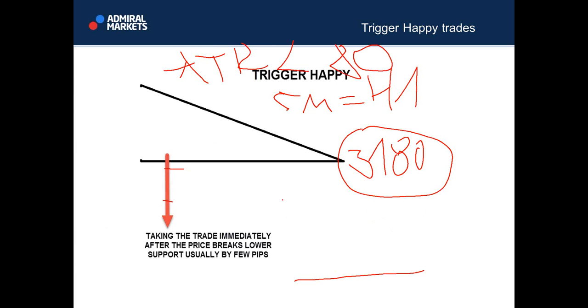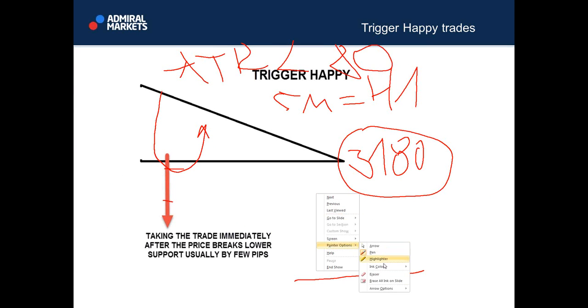Triggerhappy trades are not so reliable. I need to say, from time to time they can be profitable. But if you get into a bad Triggerhappy trade and the price effectively retraces into the triangle, then what? Then the problem is that you don't know what to do. That is the case with Triggerhappy trades.